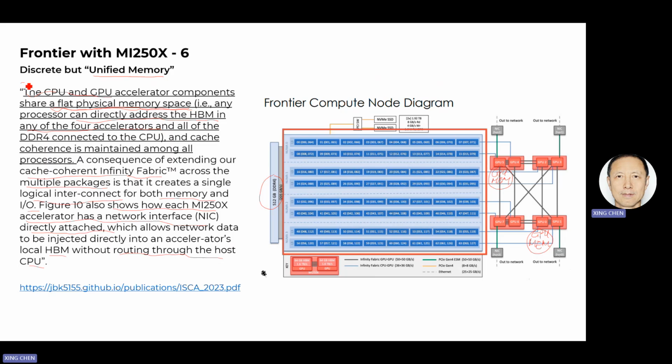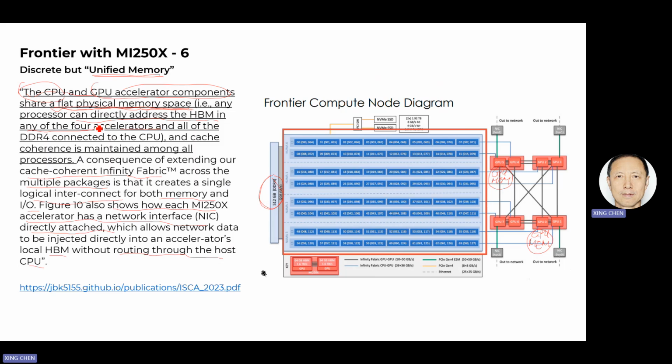The CPU and the GPU accelerator components share a flat physical memory space. That means this memory and this memory have been unified. It's kind of unified memory, so it's a physical memory space.